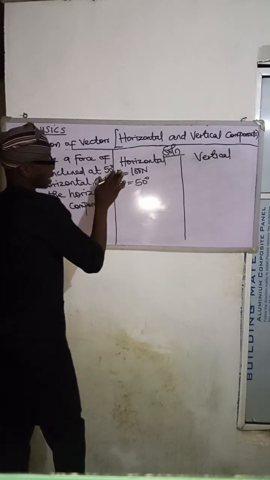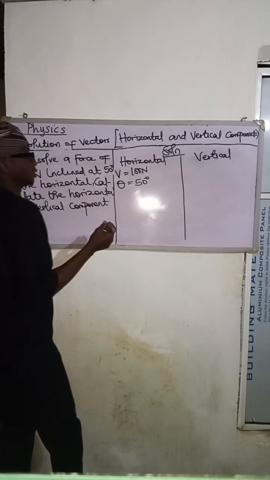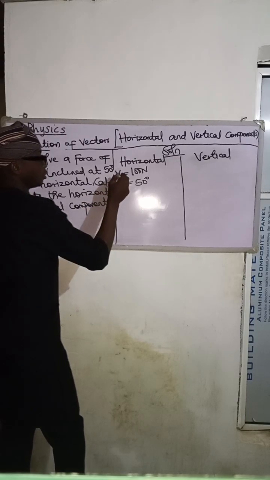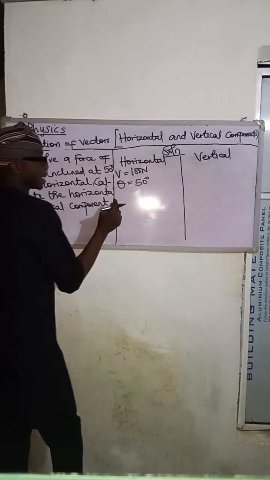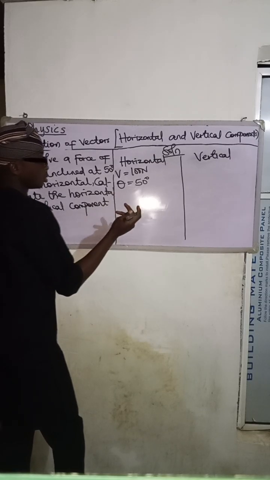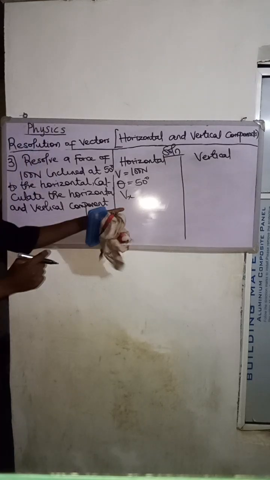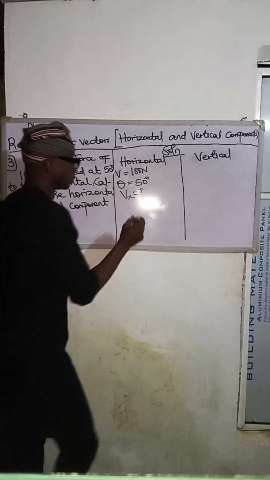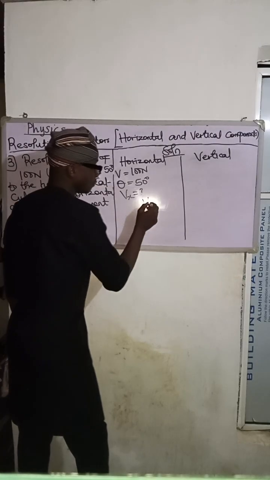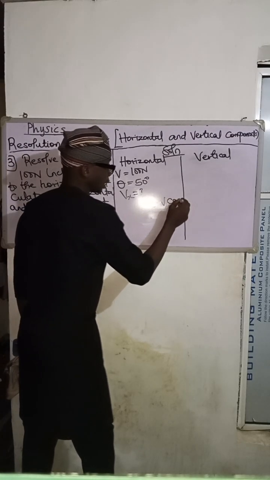Maybe I won't call this force, let me call it V. Then we are asked to calculate for the horizontal component. I told you that the horizontal component is Vx. Now let's solve this using the formula Vx is equal to V cos theta.